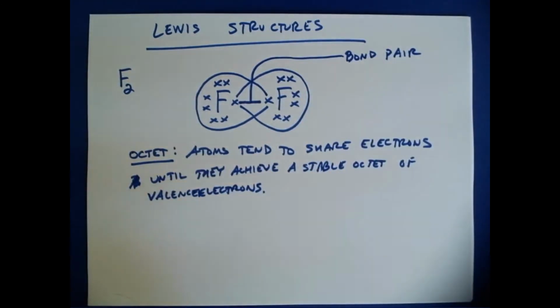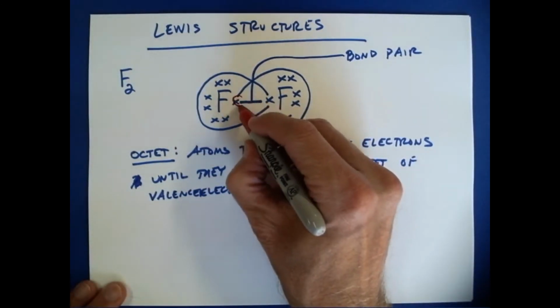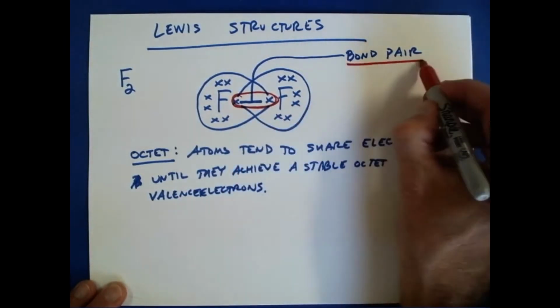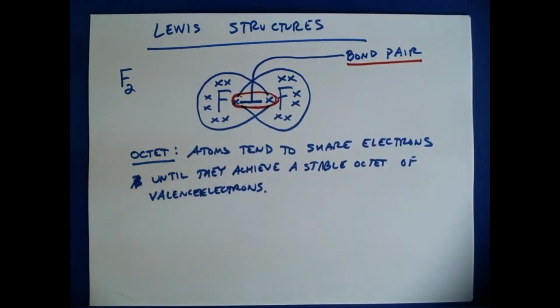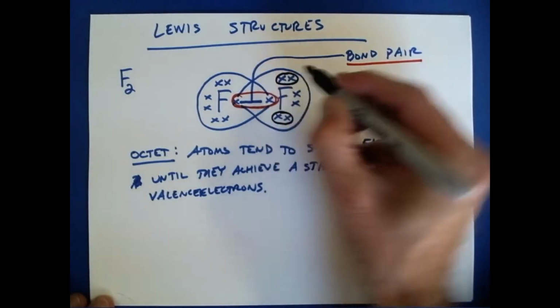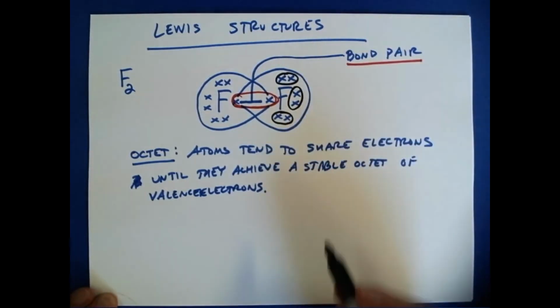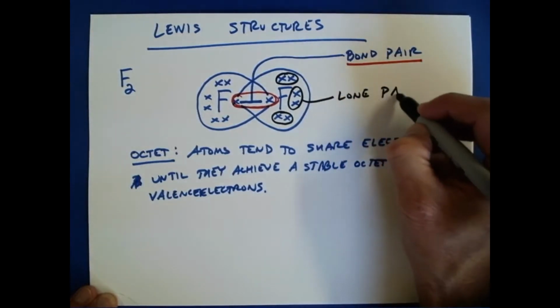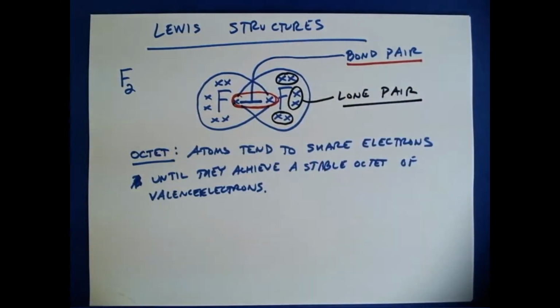So these two particular electrons here, this one and this one, would be in a bond pair. There are also other pairs of electrons that are not involved in the bond, such as this pair here, this pair here, and this pair here. And these we call lone pair electrons. Lone pair electrons are not involved in the bond.